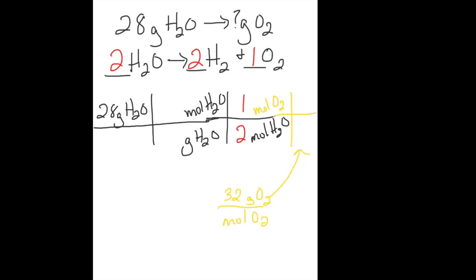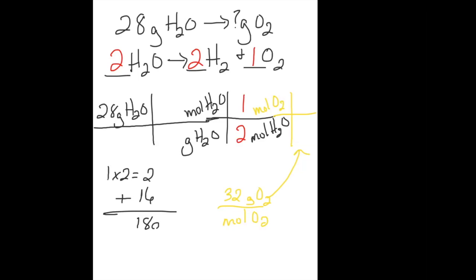The last thing that we need to figure out is, what is the formula mass of H2O? Hydrogen's atomic mass is about 1, times 2, which is going to give you 2 grams. And then 2 grams plus 16, because that's oxygen's atomic mass, is going to give you 18.